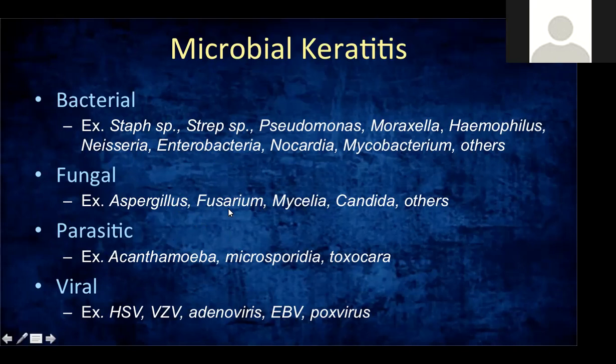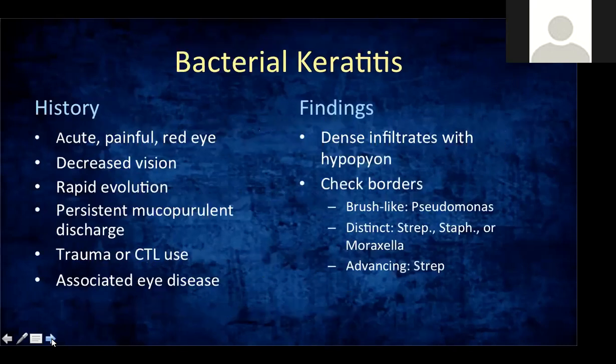Aspergillus and Fusarium are quite common. You can also see Candida, especially in immunocompromised patients. Parasites can also cause ulcers: your Acanthamoeba, your Microsporidia, your Toxocara, and of course your viral. VZV, HSV are a very common cause of ulcers.